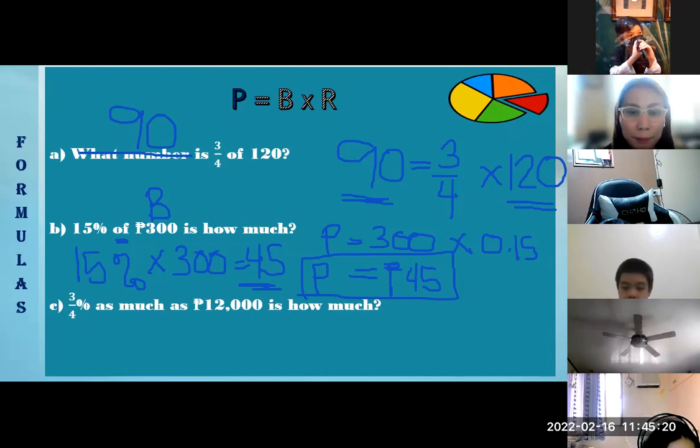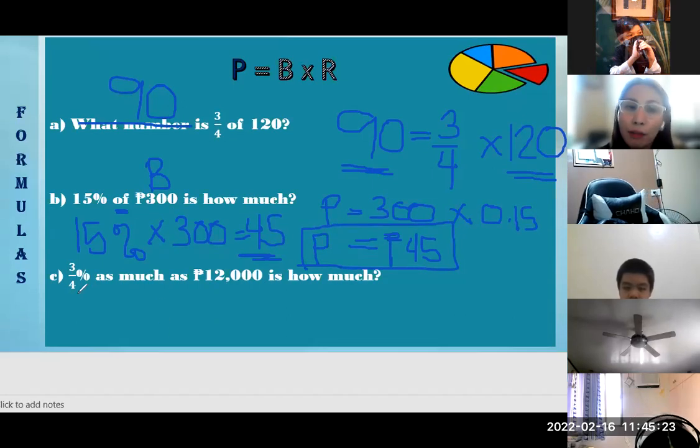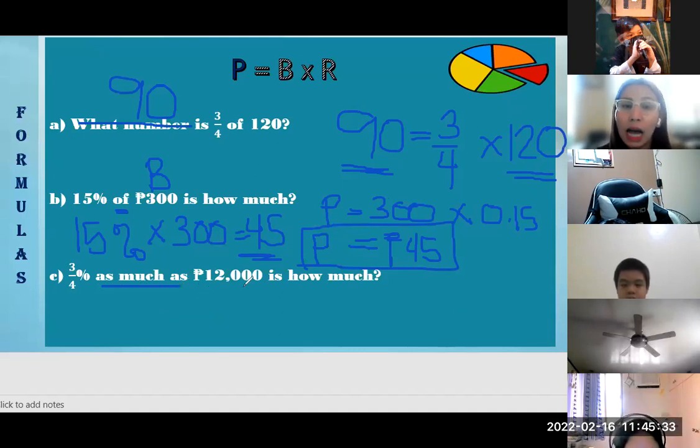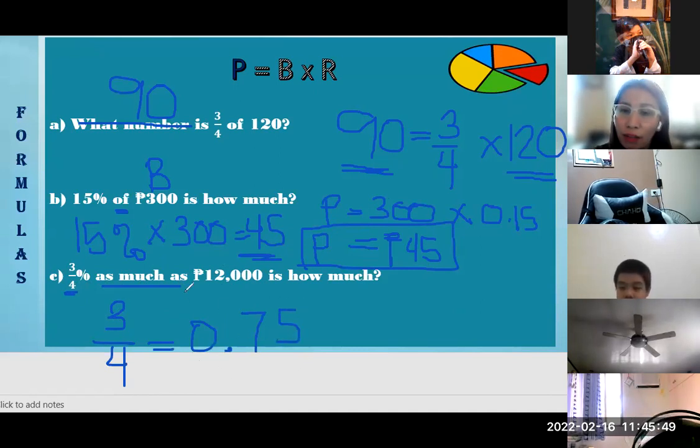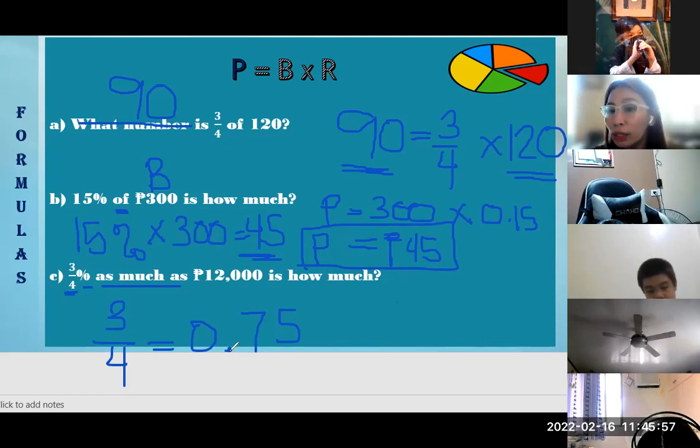Another problem. 3/4% as much as. O, this one, yung term na as much as. Okay, therefore, base ulit natin tong 12,000. Is how much? 3/4. So, dito muna tayo, 3/4 is the same as 0.75, right? But 0.75 is just percent. So, percent pa po. Lipat pa natin. So, magdadagdag pa tayo ng 2 zeros.